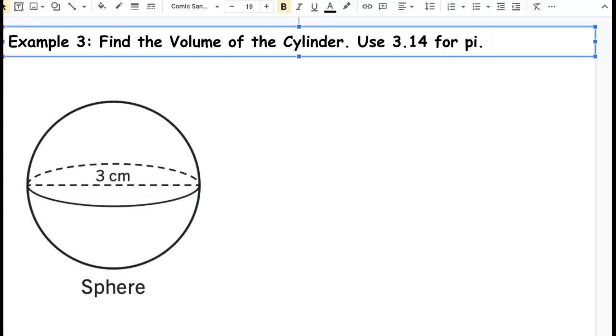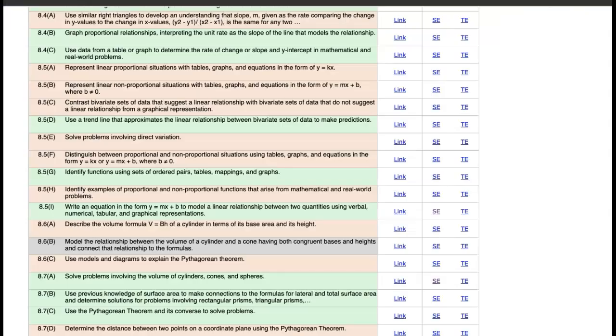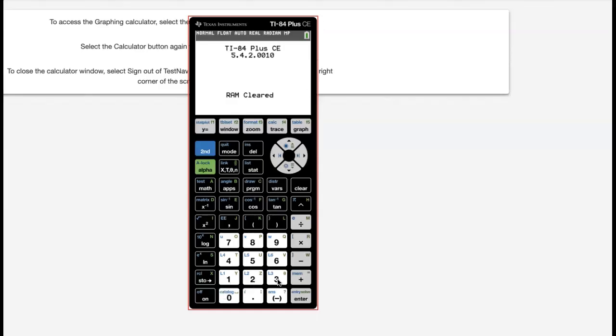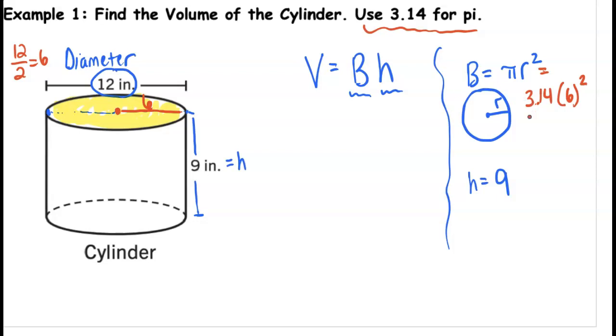So let's go ahead and go to our calculator. 3.14 times 6 to the power of 2, enter. Now we could have just expanded that and we could have said 3.14 times 6 times 6, and we get the same thing. So either way, we are going to get our answer there. Now this is 113.04, and that is going to be our area of the base.